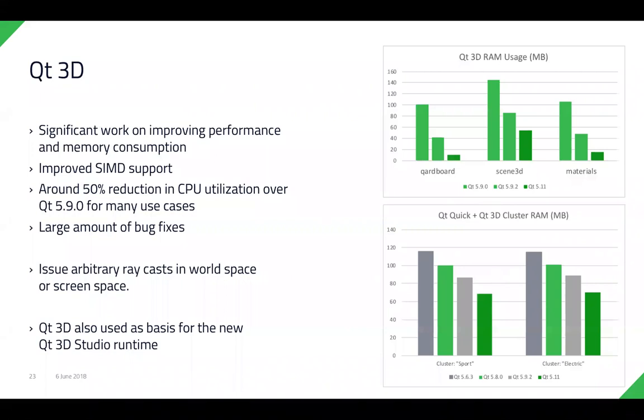On the CPU side, we have around 50% reduction in CPU utilization over many use cases over Qt 5.9. Done a large amount of bug fixes in there, some new features as well in 5.10. In 5.11, there's a couple of new features. One of them is being able to do ray casts in world space or screen space with arbitrary rays. Very important if you want to do some ray casting there.